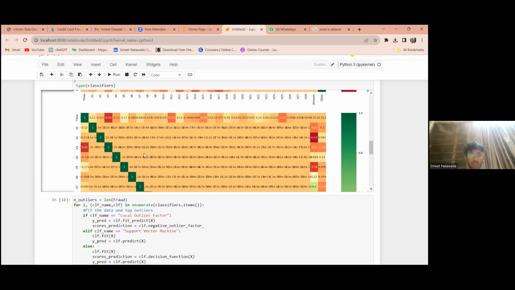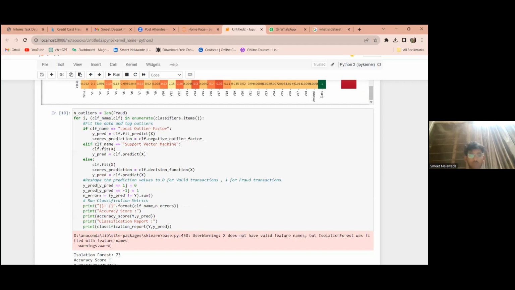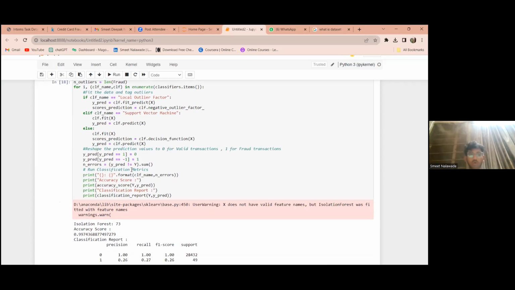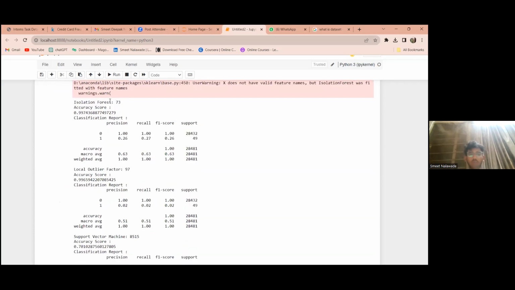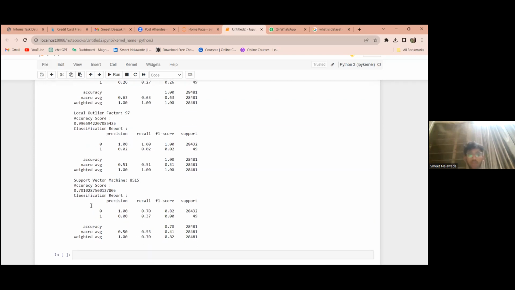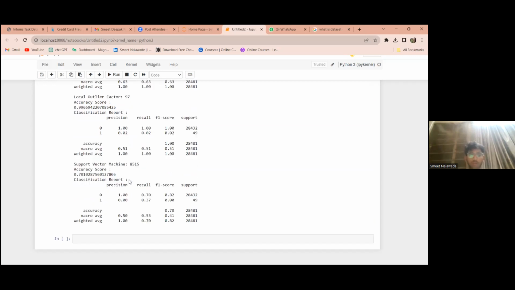Again we are dividing the outliers. The local outlier factor was 97, the isolation forest was 73, and the accuracy score was around 0.9974. The support vector machine was 8,515.